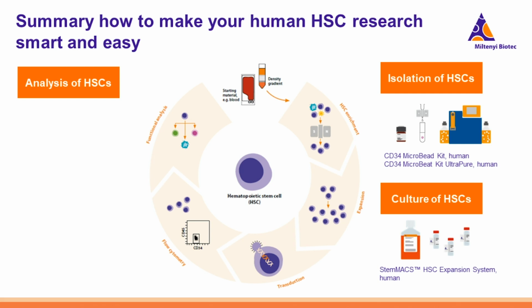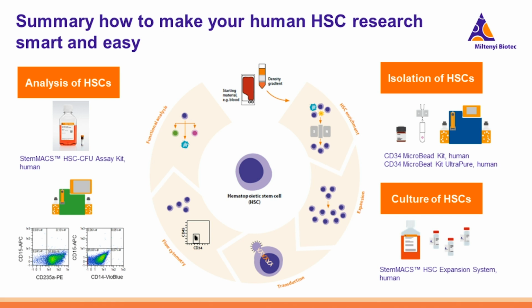Second, we talked about how to culture HSCs in a smart and easy way. We have learned that the StemMax HSC expansion system ensures high levels of CD34 plus cells with a broad differentiation potential and a characteristic surface phenotype of early HSCs. Finally, we had a look at the analysis of HSCs.